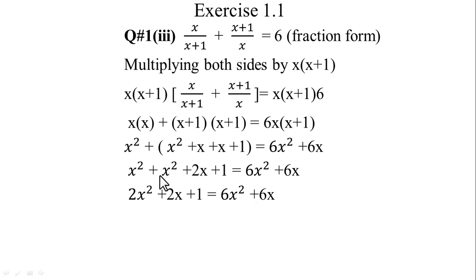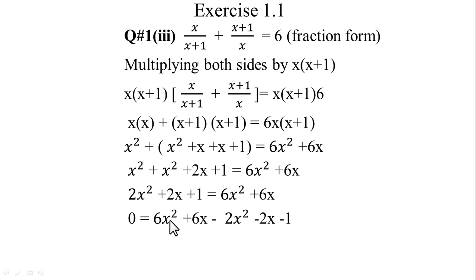x square plus x square is 2x square, plus 2x plus 1 is equal to 6x square plus 6x. Now we rearrange it in the form of a quadratic equation. This value moves to the other side, and all signs will be changed.